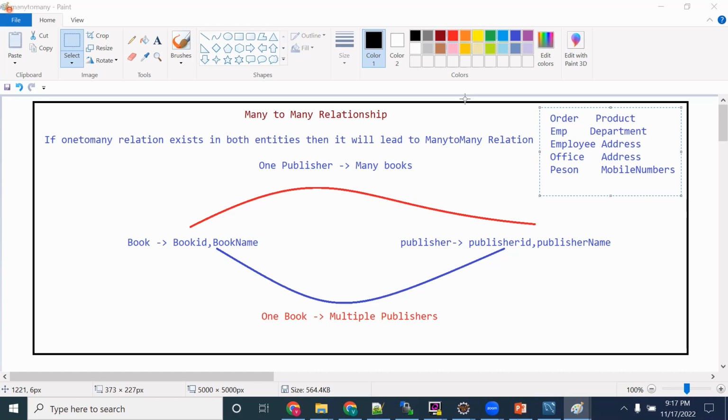Next, office to address. One office can contain multiple addresses, right? My office is in Hyderabad, Chennai, Bangalore, Kolkata, and branches in the US. Yes, different branches. On a specific address, only one office exists or multiple offices exist? Only one office, if a door number or flat number is mentioned.